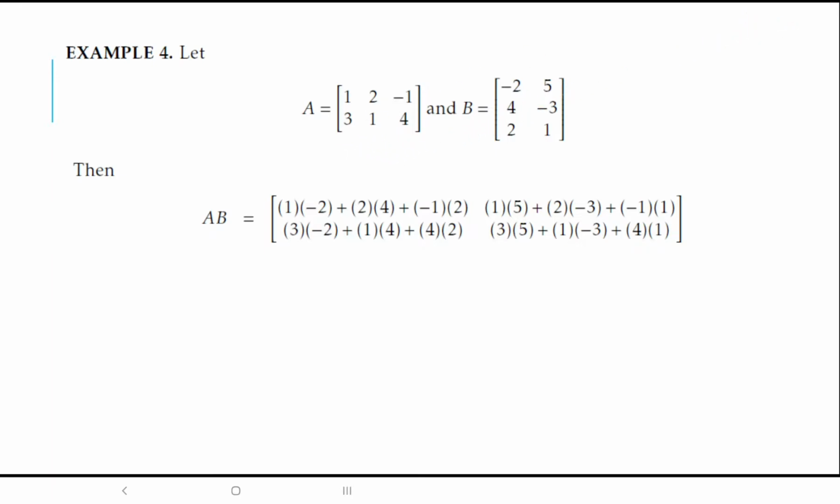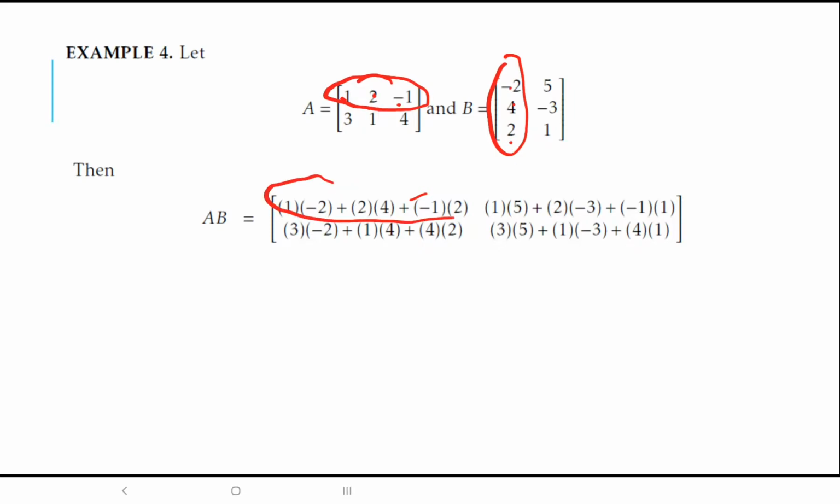So we have A equal to 1, 2, negative 1, 3, 1, 4, and then negative 2, 5, 4, negative 3, 2, 1. We first get the dot product. Para makuha itong unang element, dinot product natin ito, tapos yung transpose nito. So we get 1 times negative 2, 2 times 4, tapos negative 1 times 2.